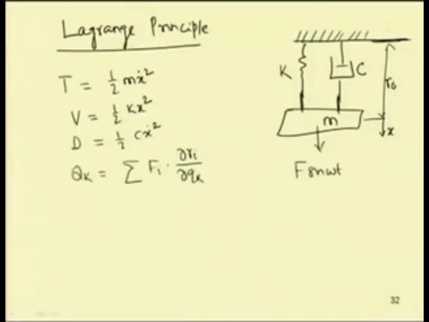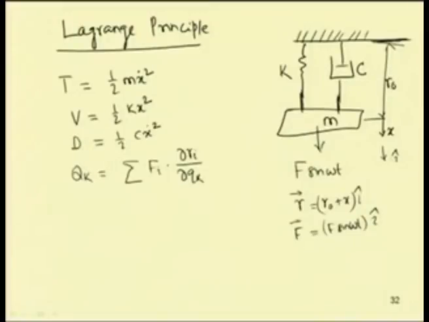Then one can write these physical coordinates. If I am taking this direction as the positive i direction, then r will be equal to r 0 plus x i. So, this is the position vector, and the force is also in the same direction, F sin omega t in the i direction.